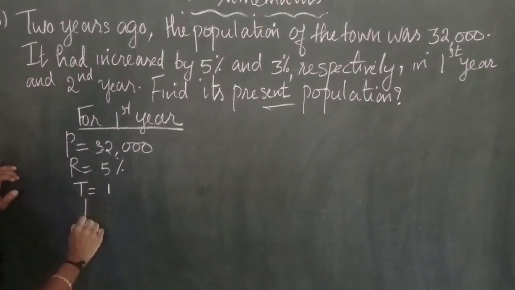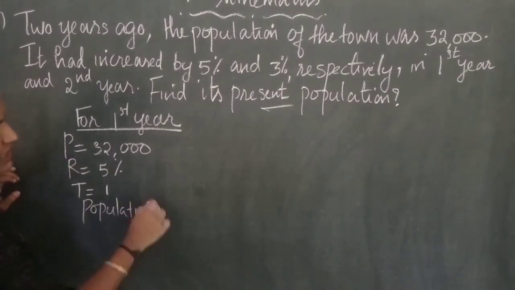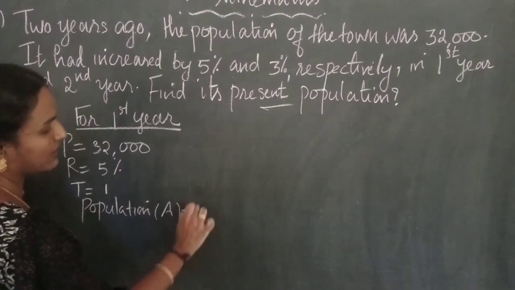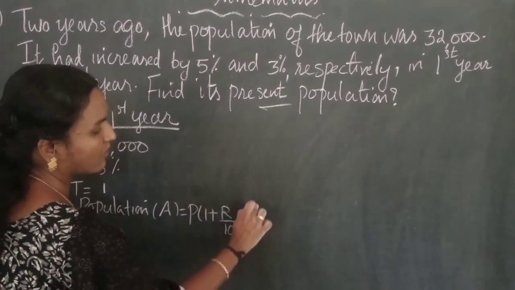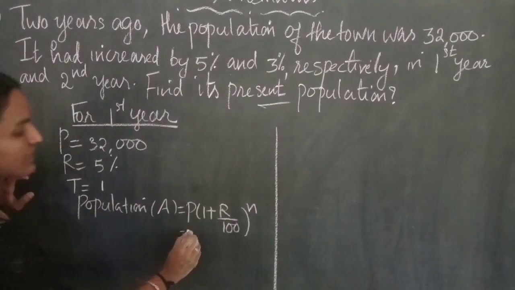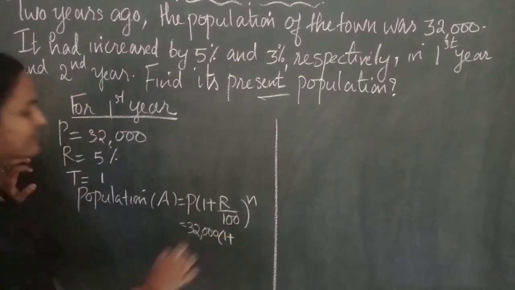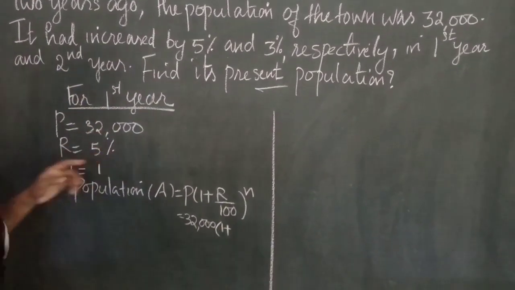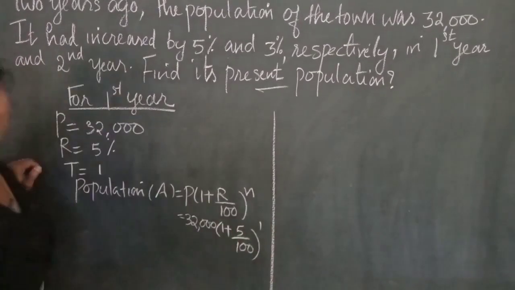So the population A is equal to P into 1 plus R by 100 the whole power N, is equal to 32,000 into 1 plus 5 divided by 100 the whole power 1.